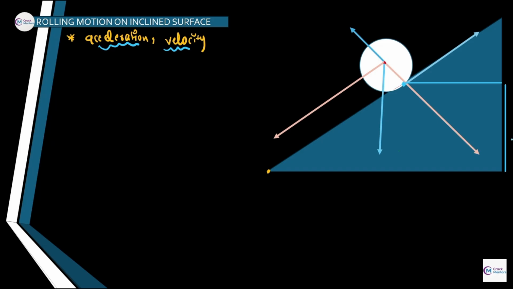And the inclined surface has a height which is equal to capital H. Now I am assuming that this is point A, and this is point B, which I am going to talk about.